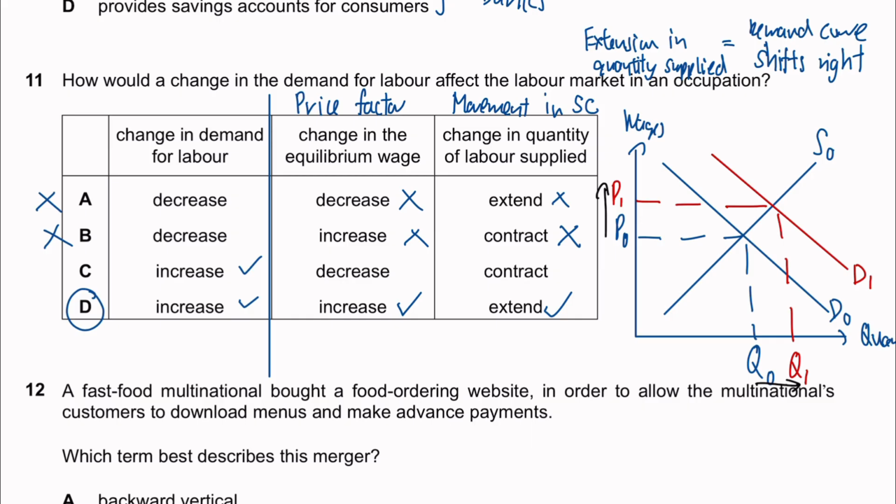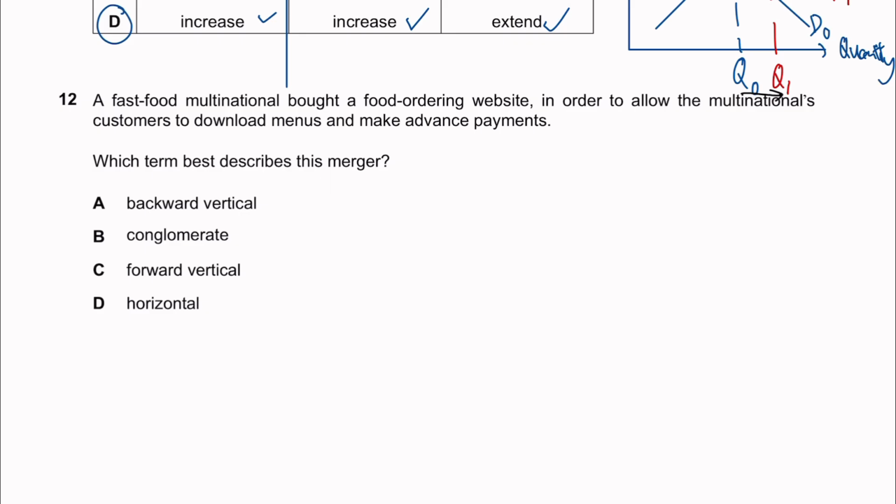You can see from here to here, there's an extension in supply. And when the demand increases, they result in the same point. So this is how you see it. D is the answer.